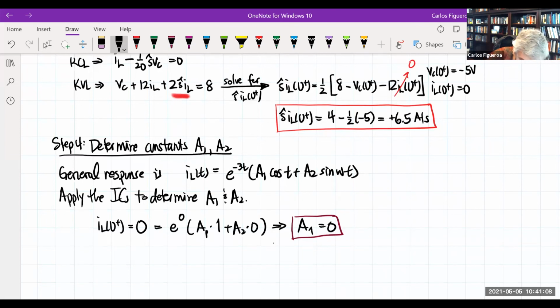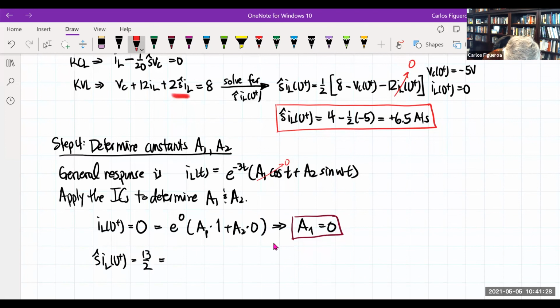And then I look at S hat IL of 0 plus, and we see that it's what? 13 halves or 6.5. And this guy tells me I got to take the derivative of this. But remember, I have no A1 term anymore.